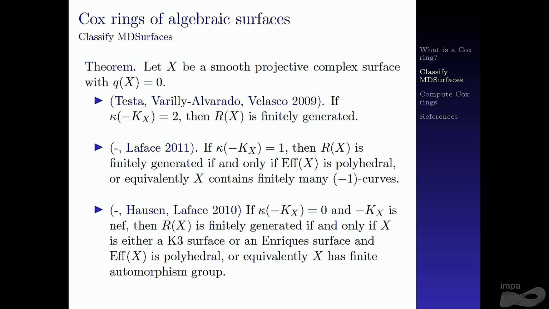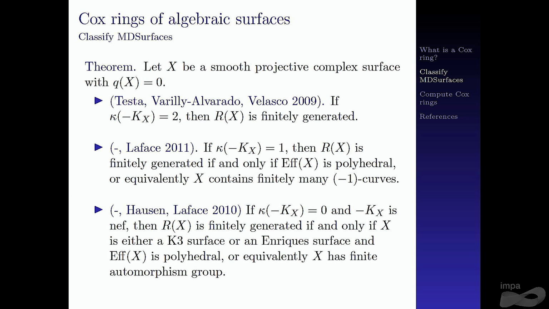Actually, it is easy to see that in this case, if the anticanonical class is nef and not trivial, then it is not Mori dream because the anticanonical class itself is nef and not semi-ample, since the Iitaka dimension is equal to 0.